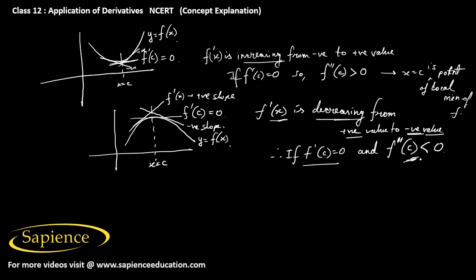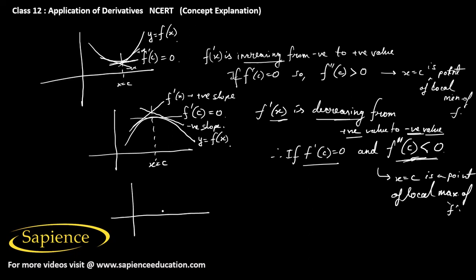So if f dash c is equal to 0 and f double dash c is less than 0, then only we can say that x equal to c is a point of local maxima of the function f.